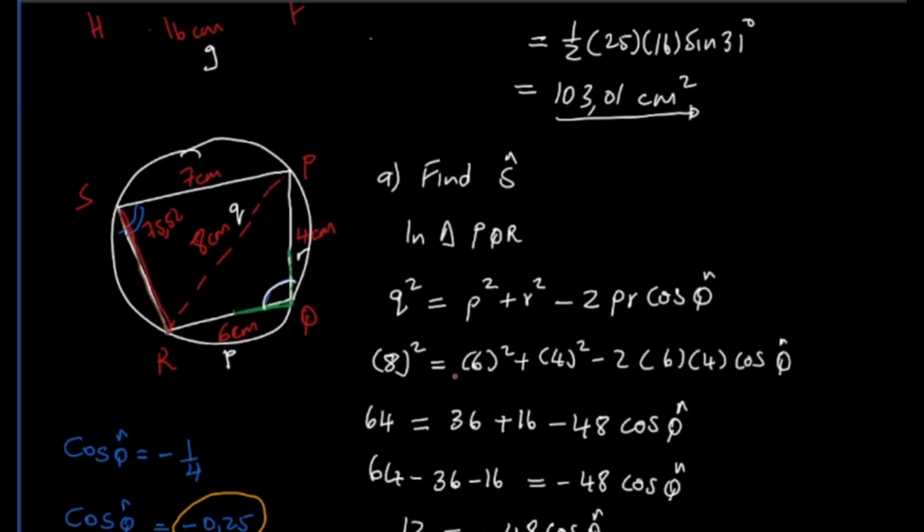I'm looking for this side, and I have these two sides and the angle between them. You understand? So we're going to say in triangle RSP.